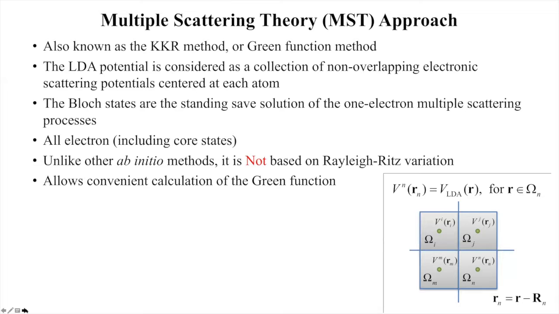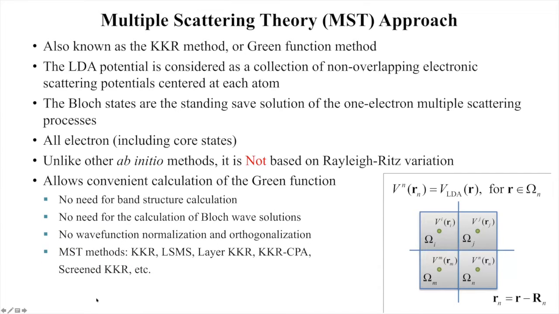And also, because it's based on a scattering approach, you can construct the Green function, so there's no need for band structure calculations. Essentially, we don't calculate Bloch waves, because if we can determine the Green function, you can avoid calculating wave functions. If we know the Green's function, we don't have to deal with normalization and orthogonalization of wave functions.